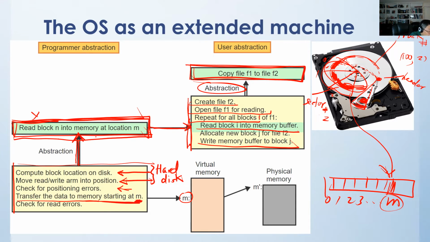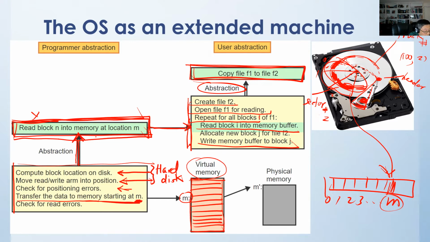So that's why, in many computer systems, they're going to perform this transfer using the virtual memory. The virtual memory is not real memory. So virtual memory says, okay, transfer to M. The virtual memory basically has the same structure as a physical memory, but it's not really physical memory.